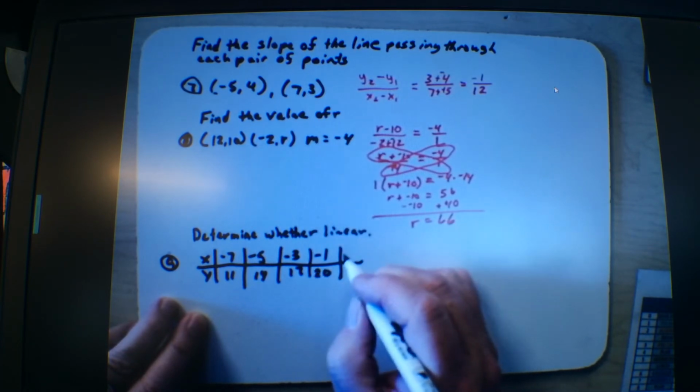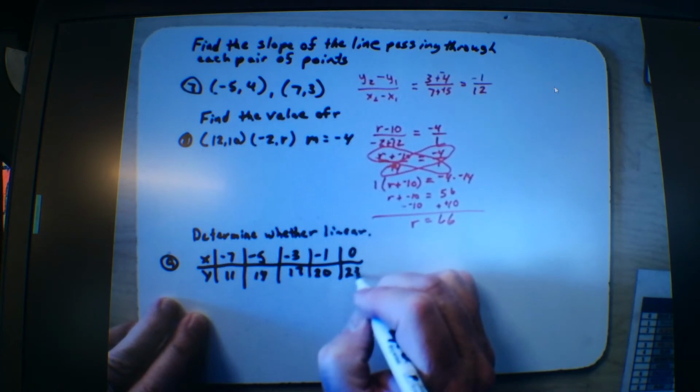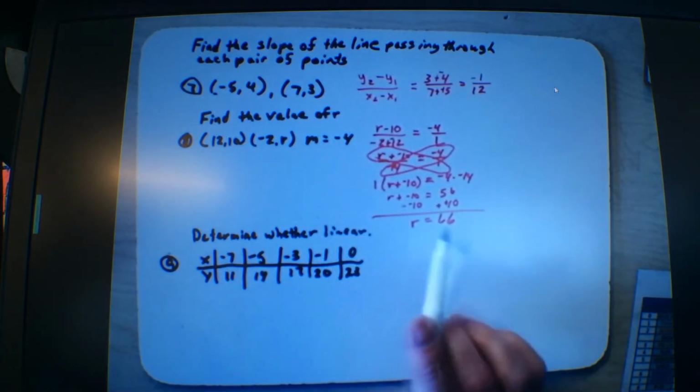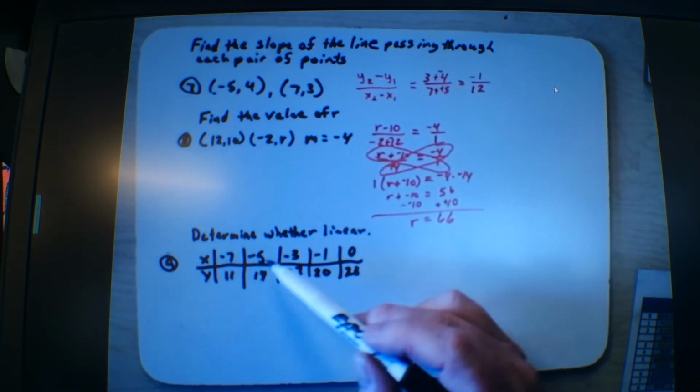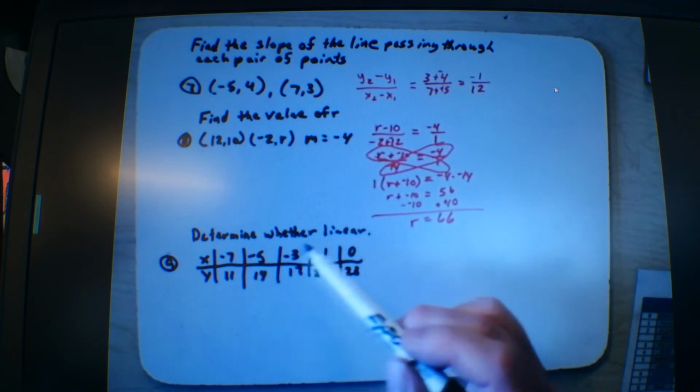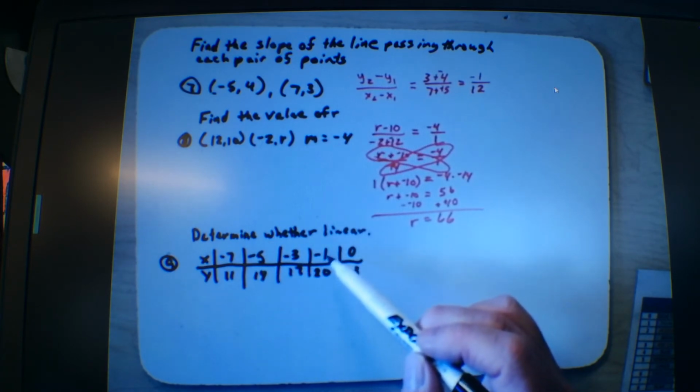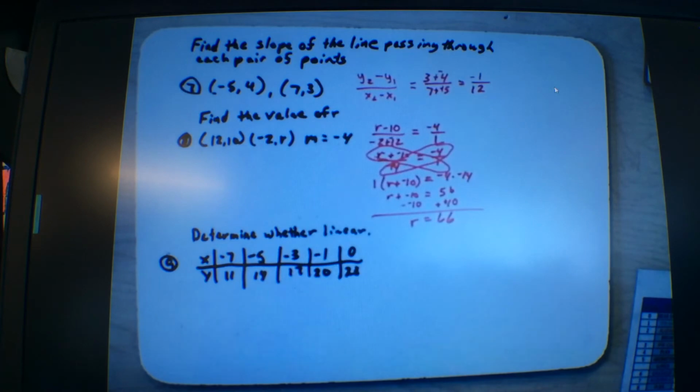I'll read the numbers to you because I know my writing's not great. Okay, so this is a negative 7, 11. This is a negative 5, 14. Negative 3, 17. Negative 1, 20. 0, 23. So I want to know, is this linear or not?